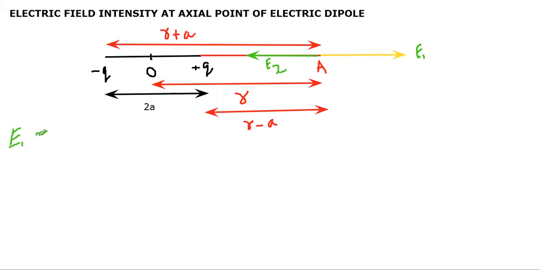E1 is equal to kq by r square. R is distance from plus q. E1 is due to plus q. Distance from plus q to A is r minus a. So it would be r minus a whole square.